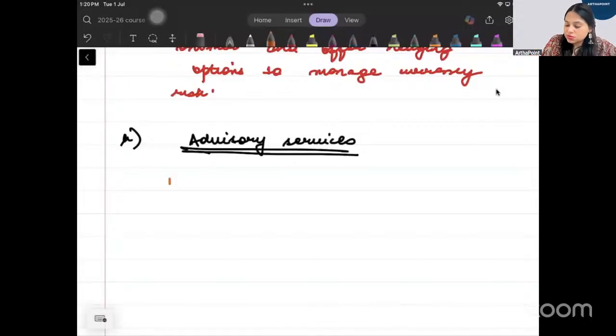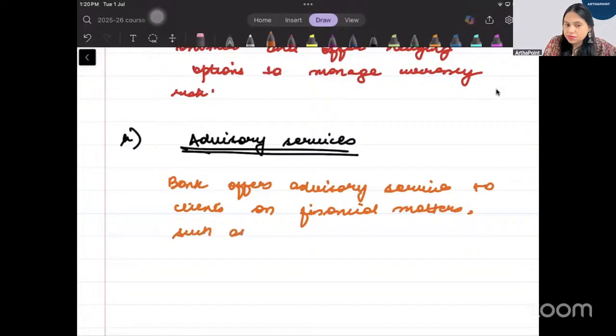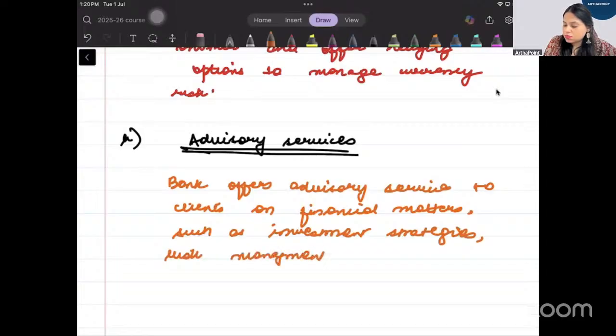So banks offer advisory service to clients on financial matters such as investment strategies, risk management, and financial planning.